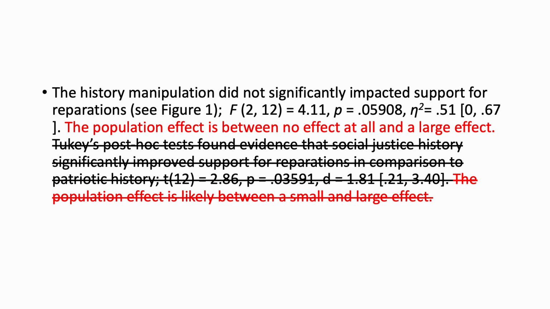You put the name of your test in there. You interpret that population effect. Remember, the red ones are for me. You would never put that in a paper. You would probably talk about it in the discussion maybe, but ultimately that's for me to make sure you understand how to interpret the data. Once you graduate from this class, you won't have to do that anymore, but there you go.